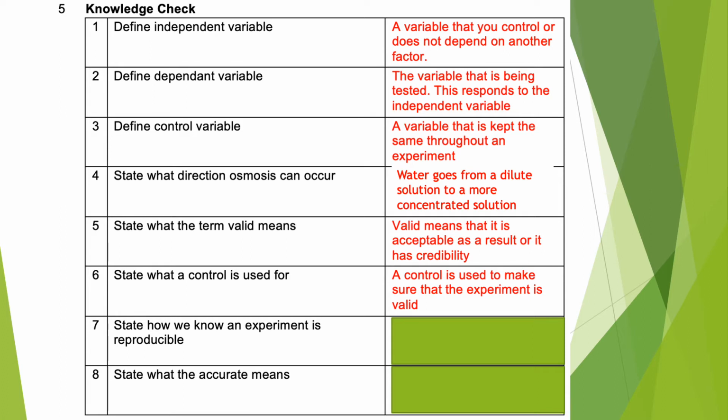Number 7, state how we know an experiment is reproducible. So when you look at the word reproduce, that means to kind of multiply or to create children, right? So when an experiment is reproducible, that means we can produce the same experiment again, all right? So this experiment that I'm talking to you about with the watering plant one is very reproducible because anyone can go buy a couple seeds, get water, and do this exact experiment.